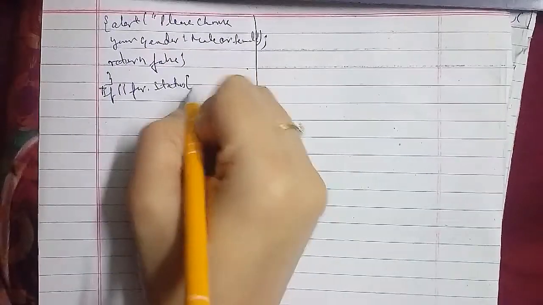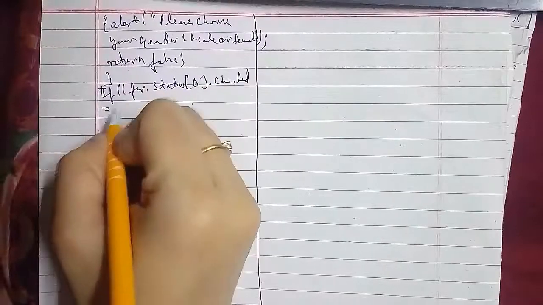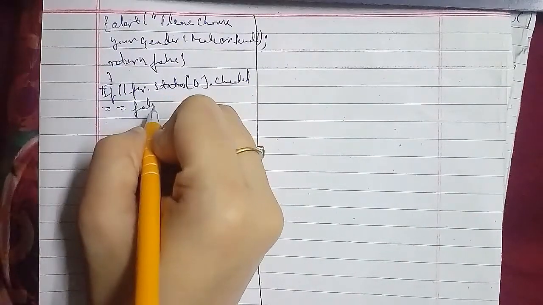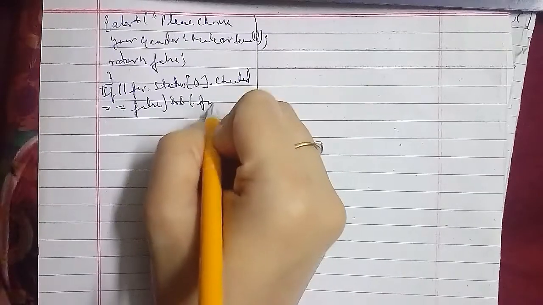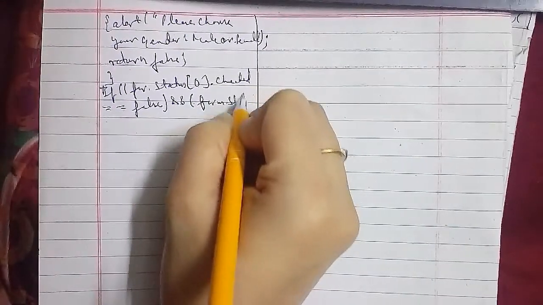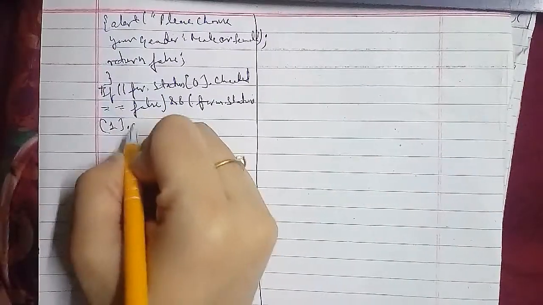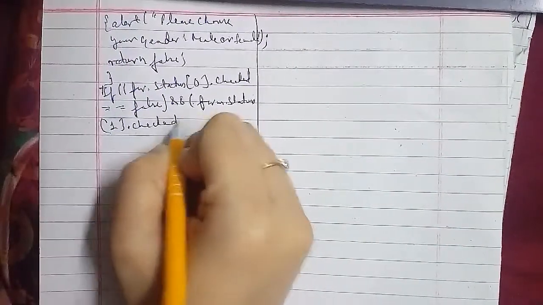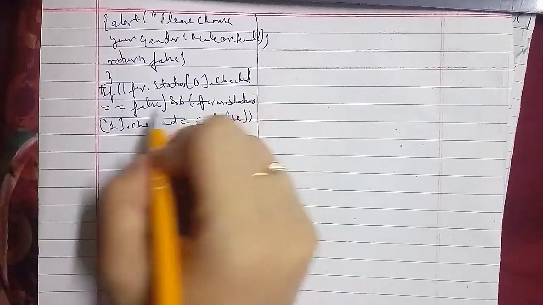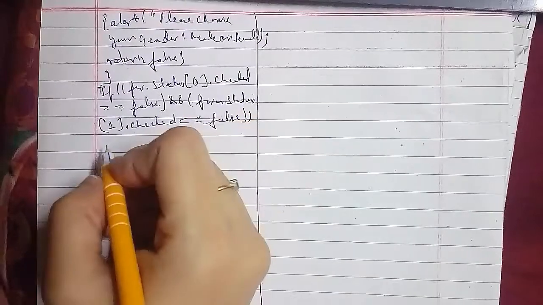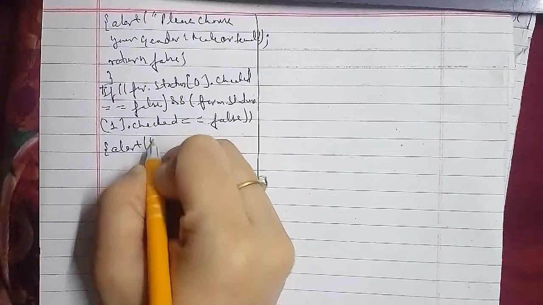Now for the input type equals to radio, name equals to gender, value equals to female, that is female. Then after that break tag close.